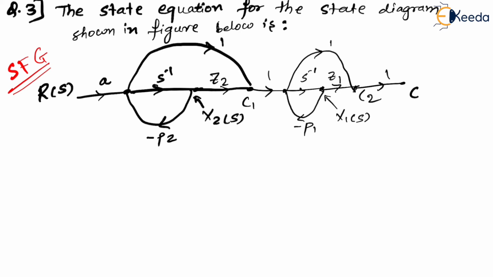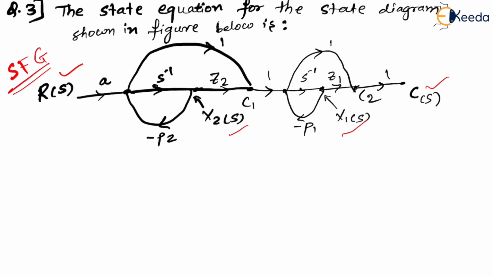Yes, so this is a very interesting question. This is a combination of SFG as well as our state space analysis. Now if you just see here, this term is R of S, this is X2 of S, this is C1 of S, this is also in C of S. Everything, if you see, is in the frequency domain, no?